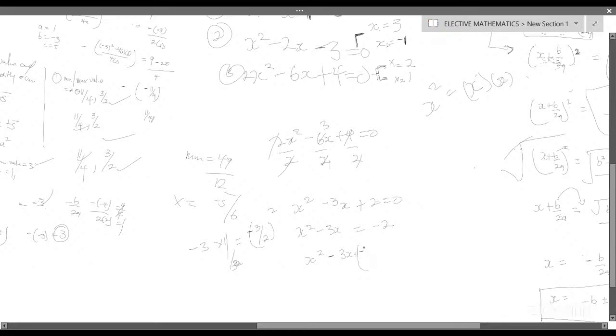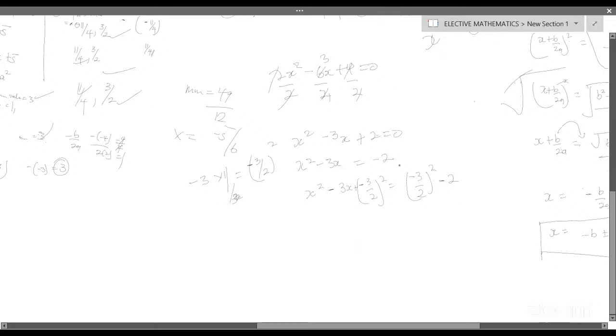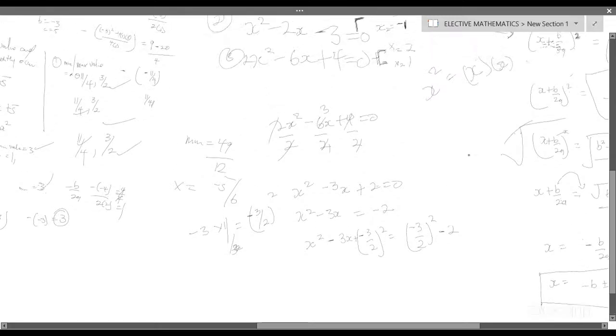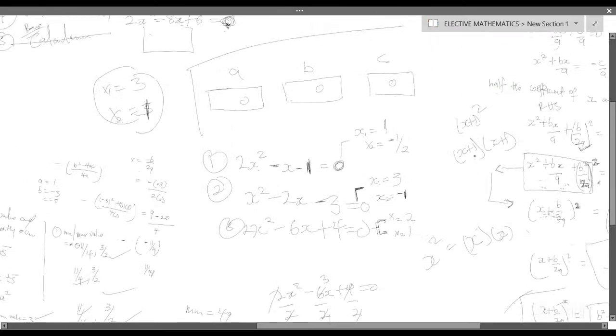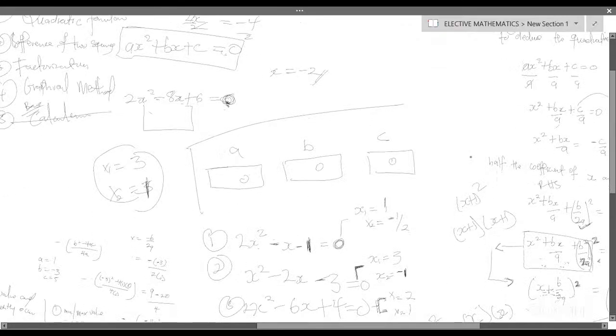So let me just make it plus minus 3 over 2 all squared equal to minus 3 over 2 all squared minus 2. So now we see that we've gotten a similar thing like this. Here we just apply the same rule that we used over here.